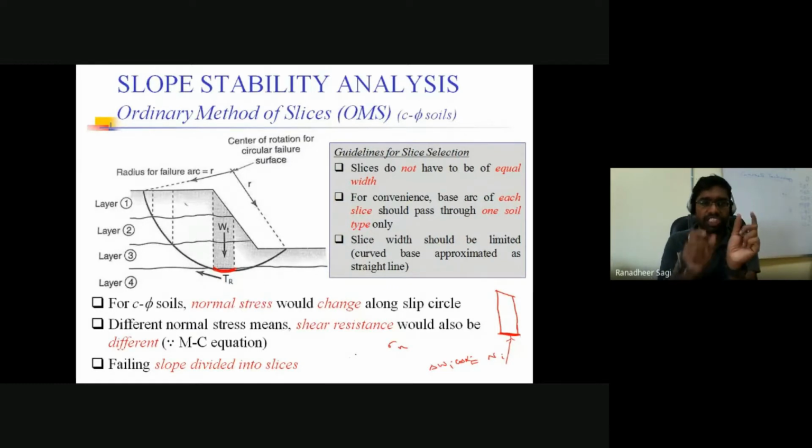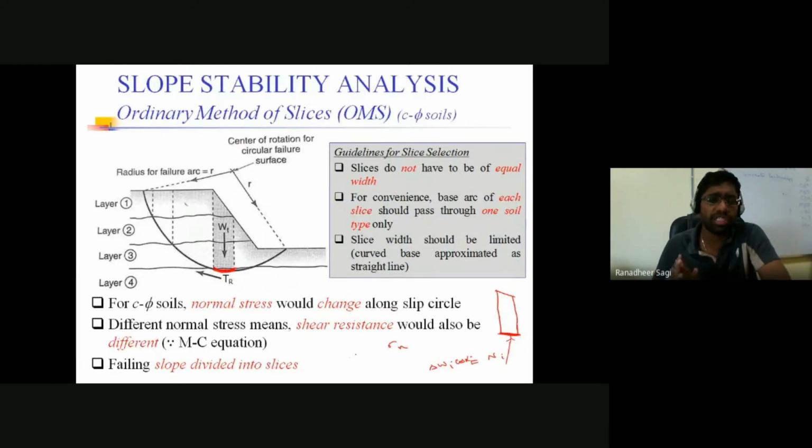The width of each element is going to be the same, or I can randomly consider the width of this element to be something, the width of the other element to be something else, according to your requirement and the conditions that you need to satisfy, based on certain guidelines we need to follow while dividing that particular zone of failure into slices.